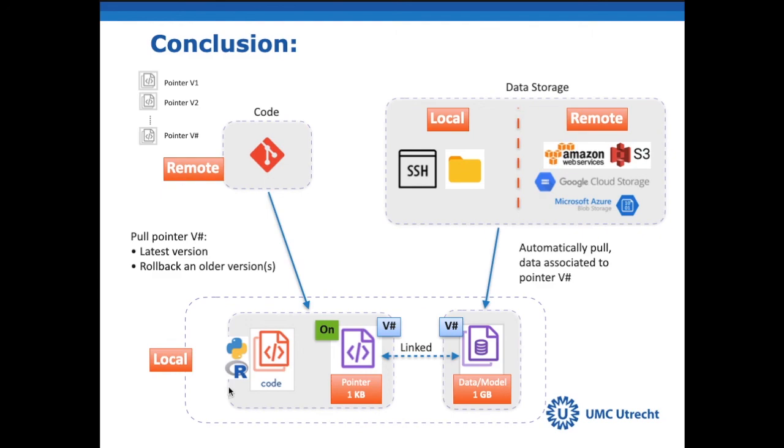So this is how DVC works. You could also at the same time include some code, because I didn't show you any code. It was just a simple data file, and we used the terminal to version control it. But now you could at the same time have some code, in R or Python, and you would want to also make a pipeline based on a specific version of your data.